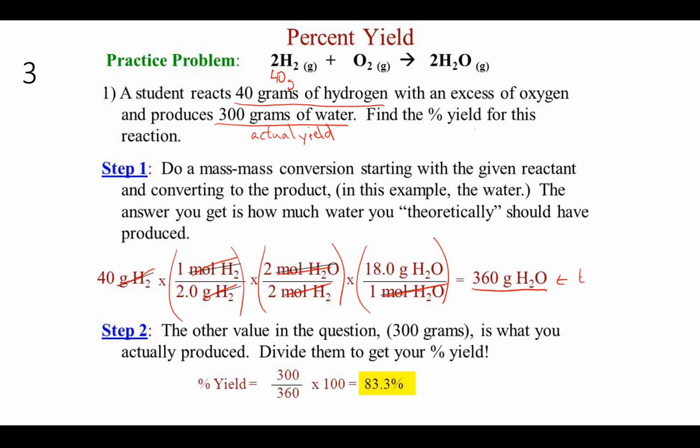So this is our theoretical yield, what we would normally get by calculating. Percent yield is just actual, 300 grams, divided by theoretical, 360 grams, times 100%. We get 83% yield. That's it.